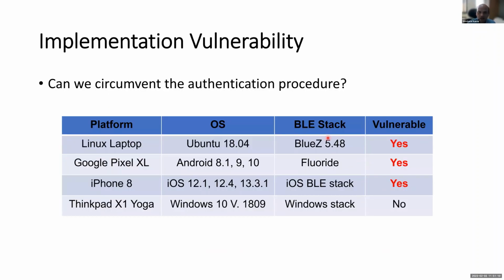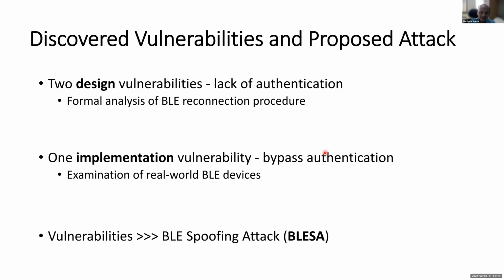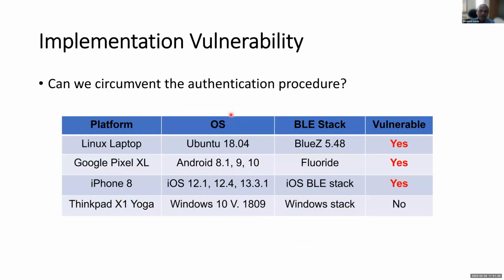So it was not a protocol flaw, but I guess it originated from the design of BLE. The BLE standard provides a few options. There are some secure options, and some insecure options. What happened was that these three went with the insecure option, and this Windows implementation went with the secure option.